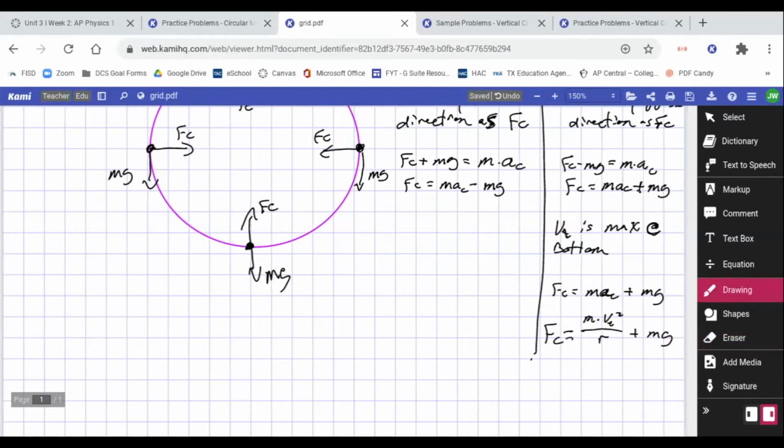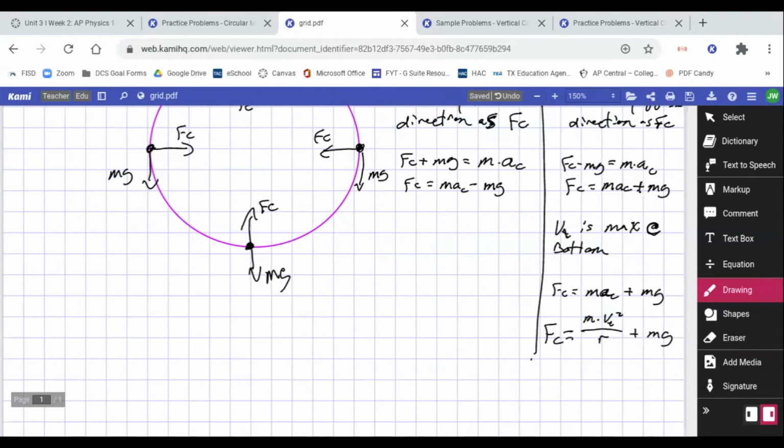I haven't changed anything as far as gone wild and crazy. I've just replaced acceleration with v squared over r, tangential velocity squared divided by radius.